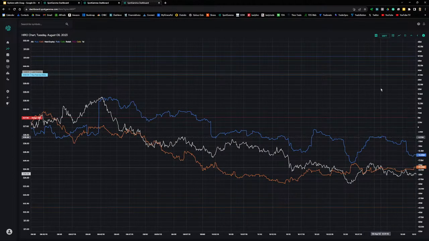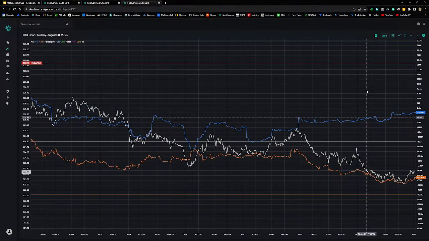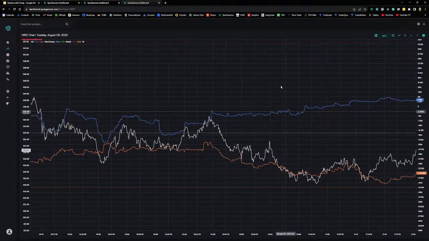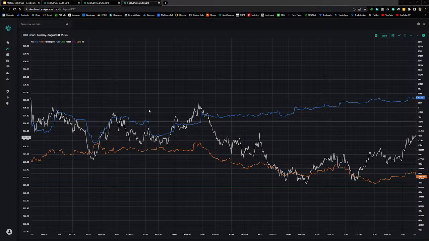So up until around 10:30, they were selling calls and buying puts. And then around 10:45, they stop buying puts and start selling puts. And that's shown by the rising blue line there.